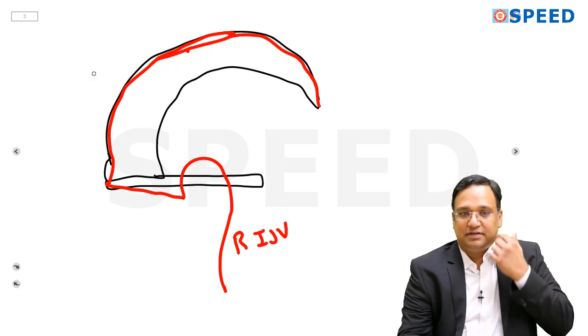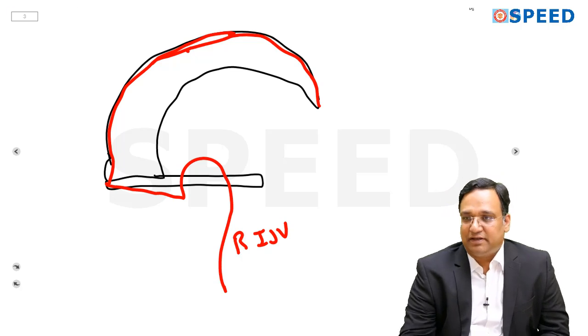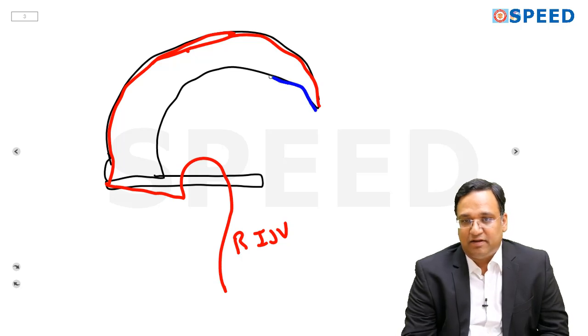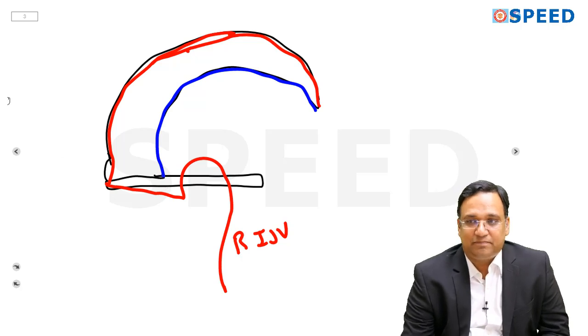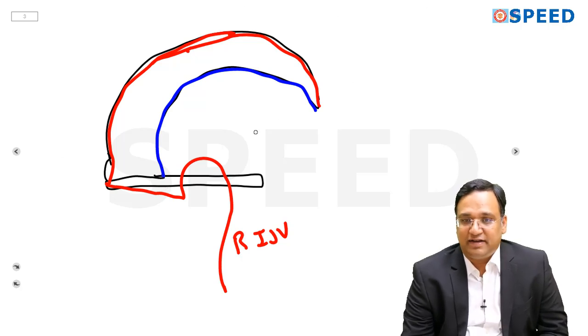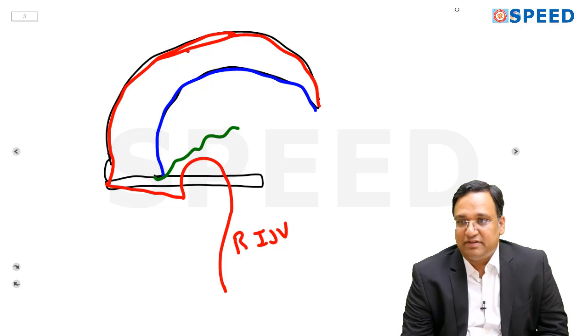Now, this is the superior aspect of the falx cerebri and this is the inferior aspect. The inferior aspect of the falx cerebri runs the inferior sagittal sinus. It stops at the tentorium cerebelli and joins the great cerebral vein of Galen. After joining, it becomes the straight sinus.